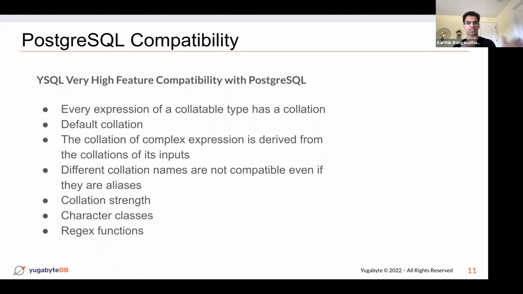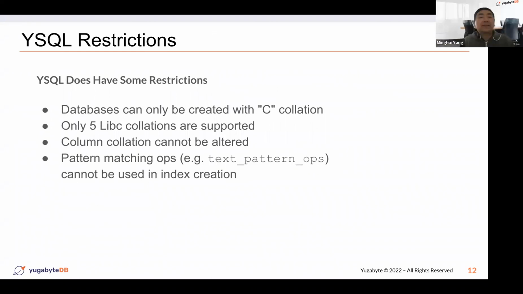Got it. So what works differently would be the question then. Yes. As the developer who did this project, these are all the restrictions that I'm aware of. First, we haven't changed the database collation. So the database still has a C collation because C collation, as I said, is the fastest speed-wise.